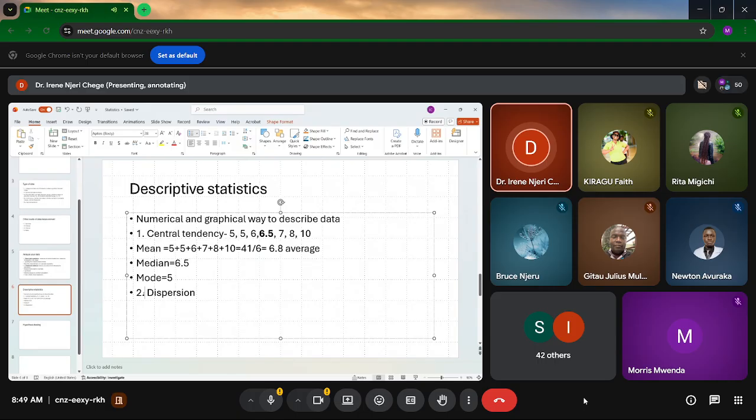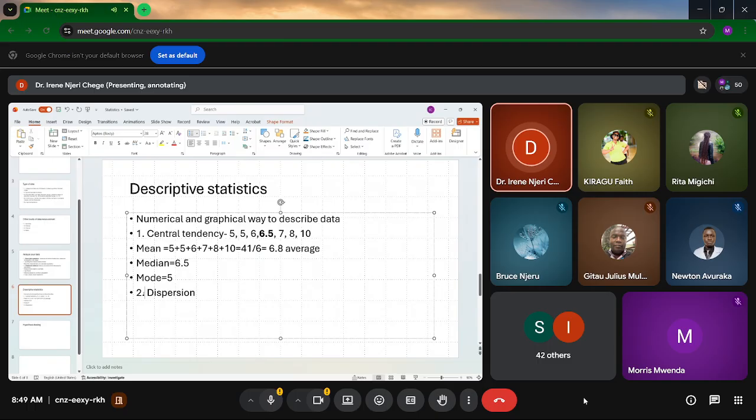When we talk about dispersion, we then talk about standard deviation. I think the best thing is that next class, we have a set of actual data, and then we're able to see how to calculate it. So what is the standard deviation?